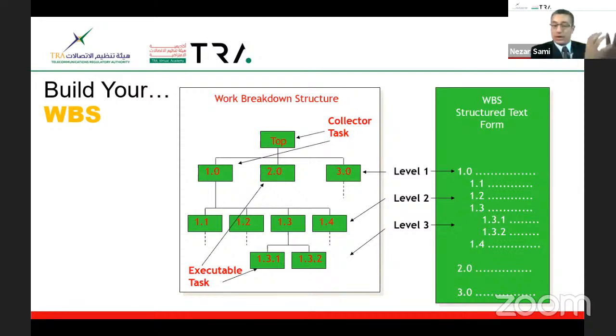We need to have marketing activities. We need to have software development. We need to have testing. So how about marketing? Okay, break it down. Okay, marketing. We need to do some sort of social media marketing. Pretty cool.